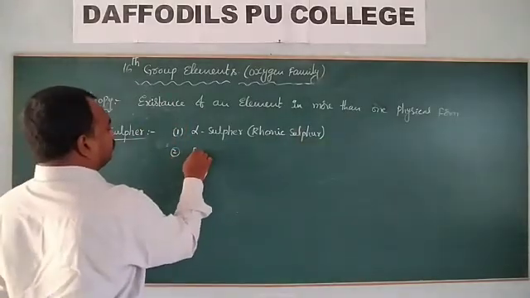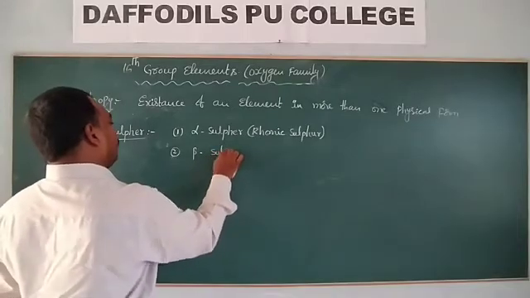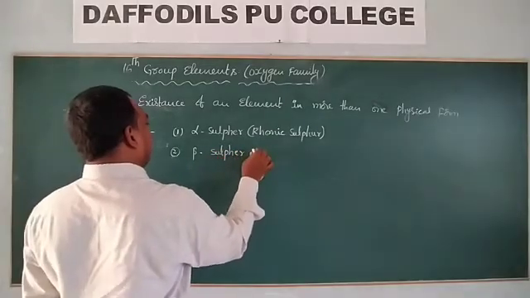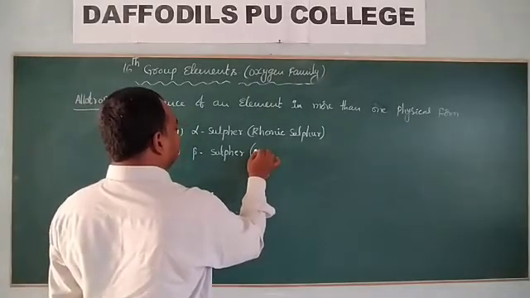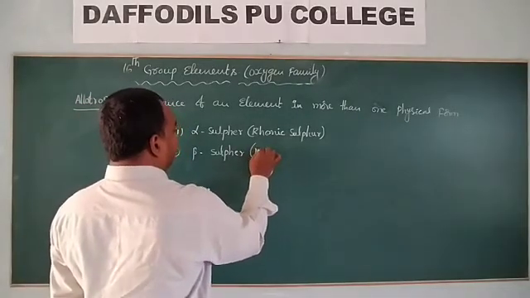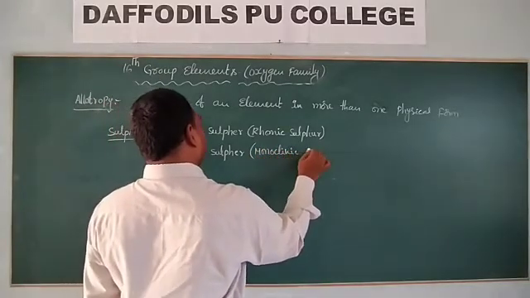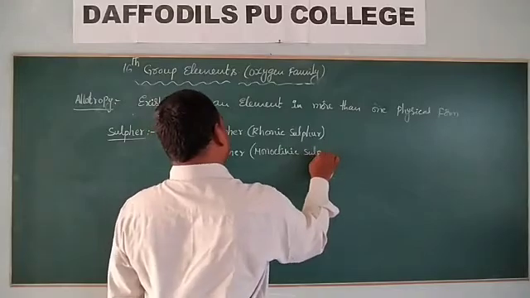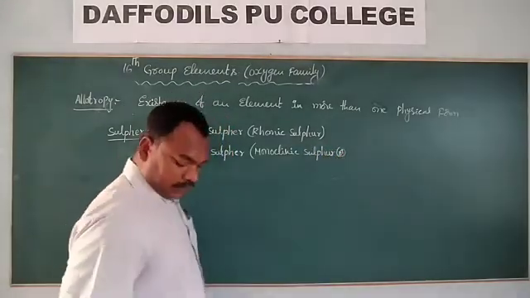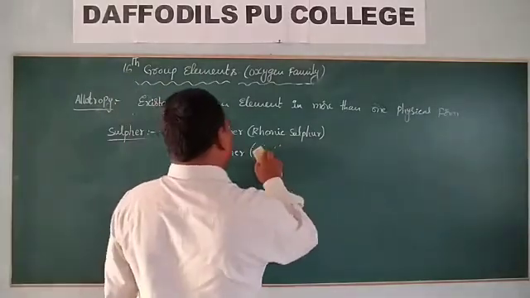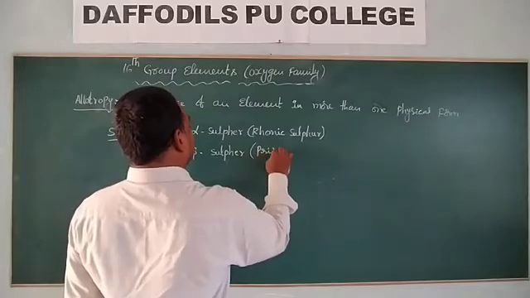Number two, beta sulfur, also known as monoclinic sulfur or prismatic sulfur.